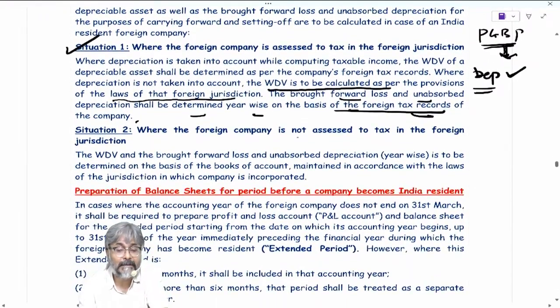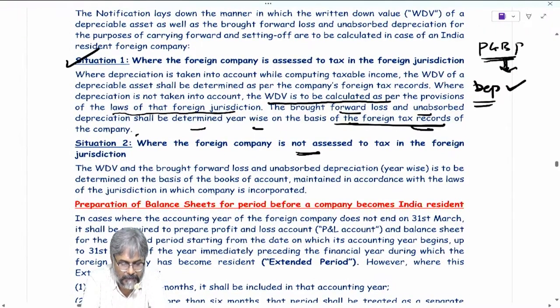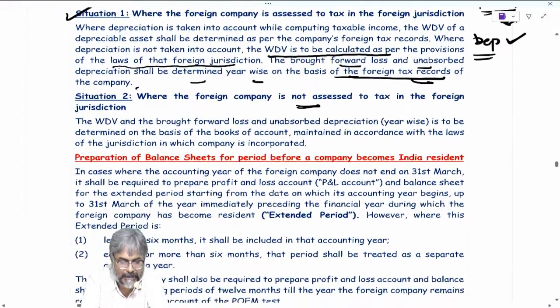But supposing that country which we are talking about is not subject to income tax. Even that is a possibility. That country, students, is not subject to any income tax. And if that country is not subject to any income tax, then what? Then the next one will happen, students. And what is the next one?